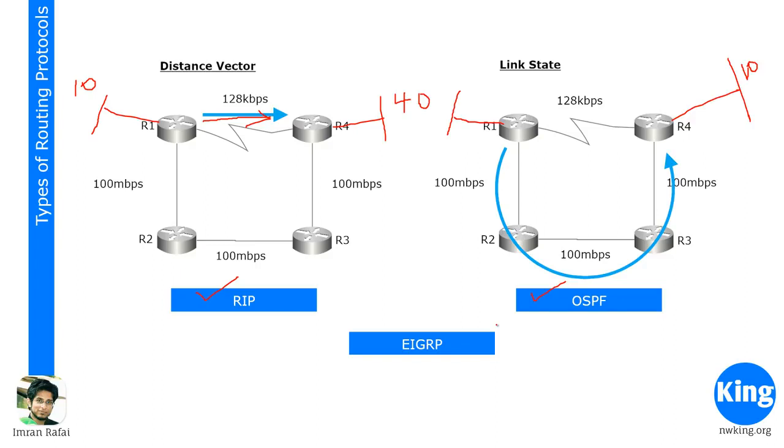And since we are part of the Cisco industry now, right, we're talking about Cisco CCNA, we will learn about EIGRP and we will see why EIGRP is very, very good. What's the advantage of EIGRP? EIGRP takes what is good about distance vector, like RIP, and it also looks at what is good about link state, and it has created a hybrid routing protocol, and that is why it is beautiful, and we will look at it a little later in the series, right?